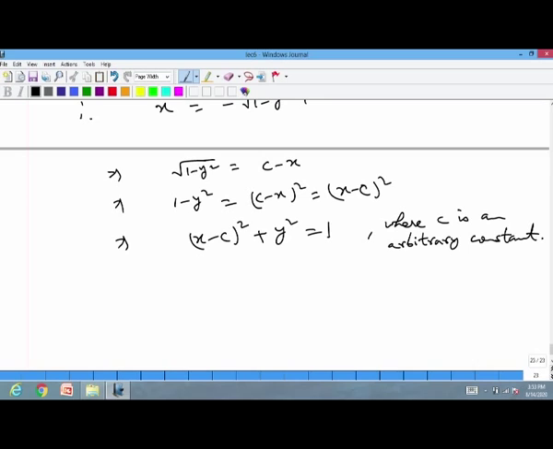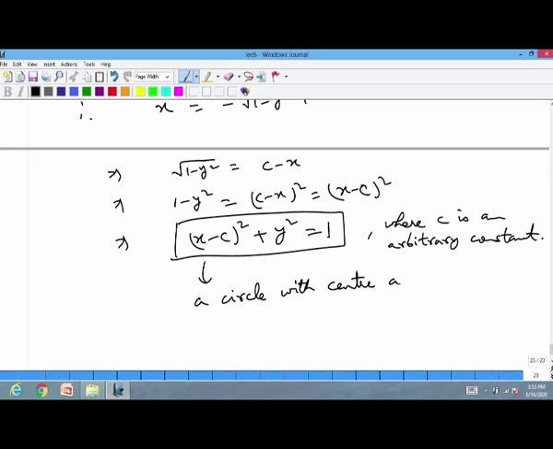So, we see that this gives a circle with center at c comma 0 and radius 1.